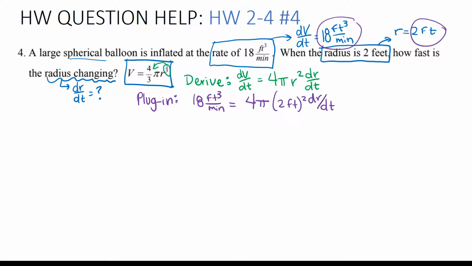So we can simplify this down. It's going to give us 8 pi, slow down there, sorry. So this is going to be 4 pi. When we square this, we're going to get 4 feet squared. Or we can simplify this side to just be 16 pi feet squared.